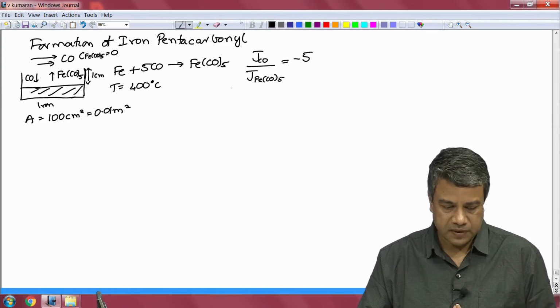And this relation can be used in the equation for the flux.